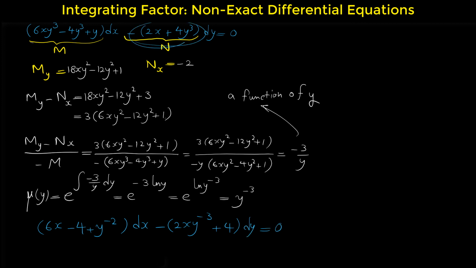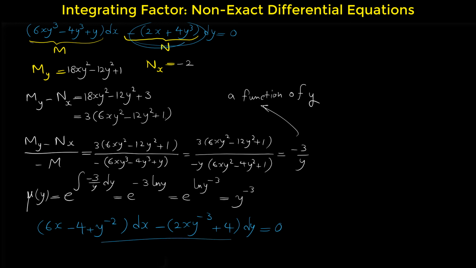So if we multiply everything here by y to the negative 3, we can get to this expression. And this new differential equation must be an exact differential equation. You can easily check that the derivative of this part with respect to y is equal to the derivative of this part with respect to x.